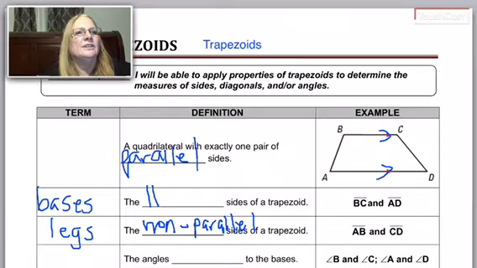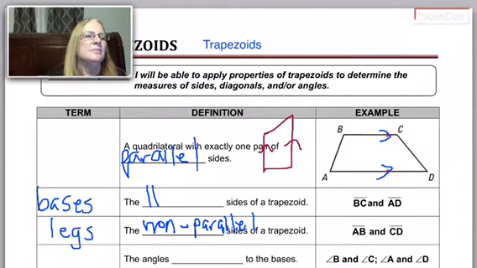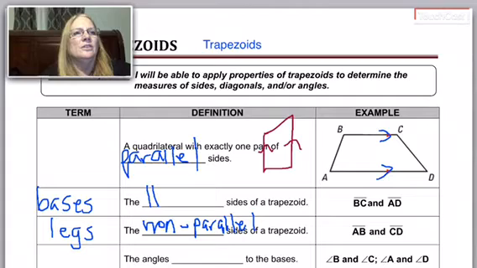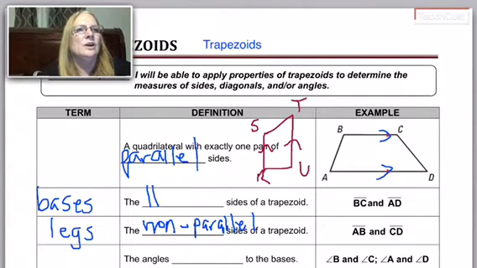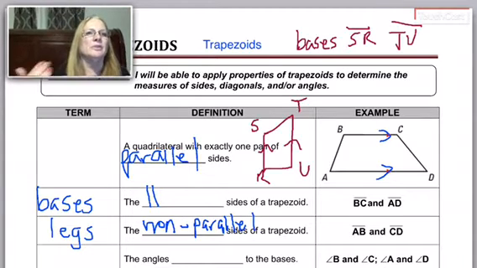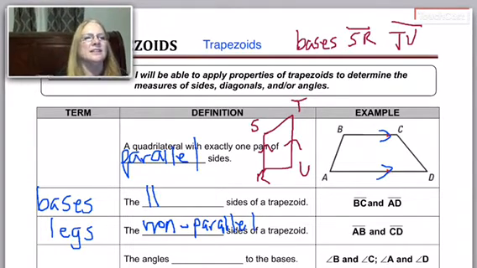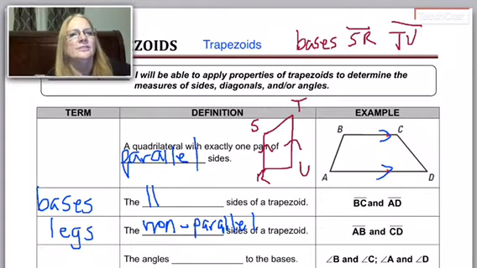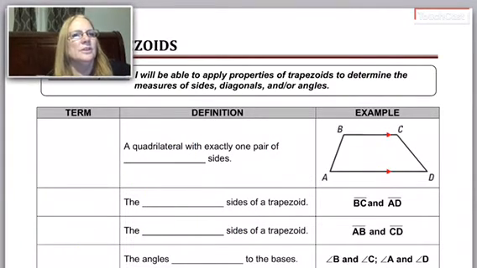I'm not very good at drawing these, but you could have this one, and if we call this RSTU, then the bases of this red trapezoid would be SR and TU. So remember that the bases are the parallel sides, not necessarily what it's sitting on.